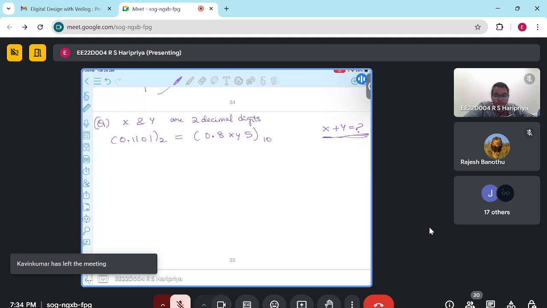So what will be the value of first this value? X and y are the decimal equivalent, and what is the value of x plus y?